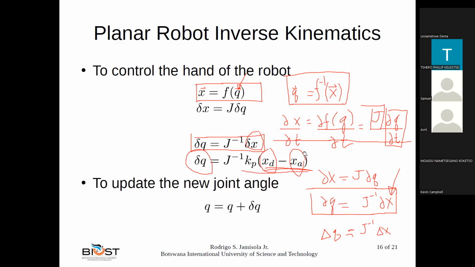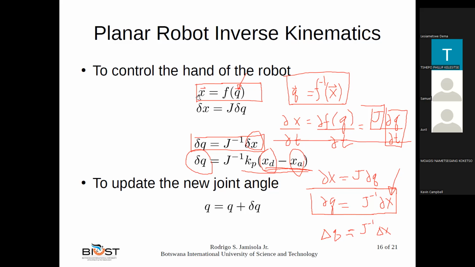Because for easy mathematical expression, instead of enumerating theta 1, theta 2, and theta 3, we represent it with Q. Okay, sorry, we didn't say it clearly.